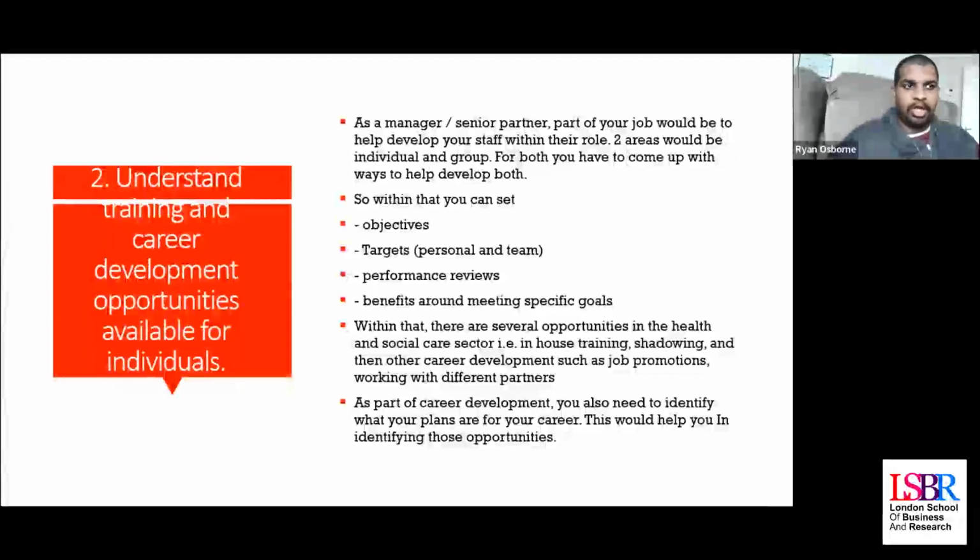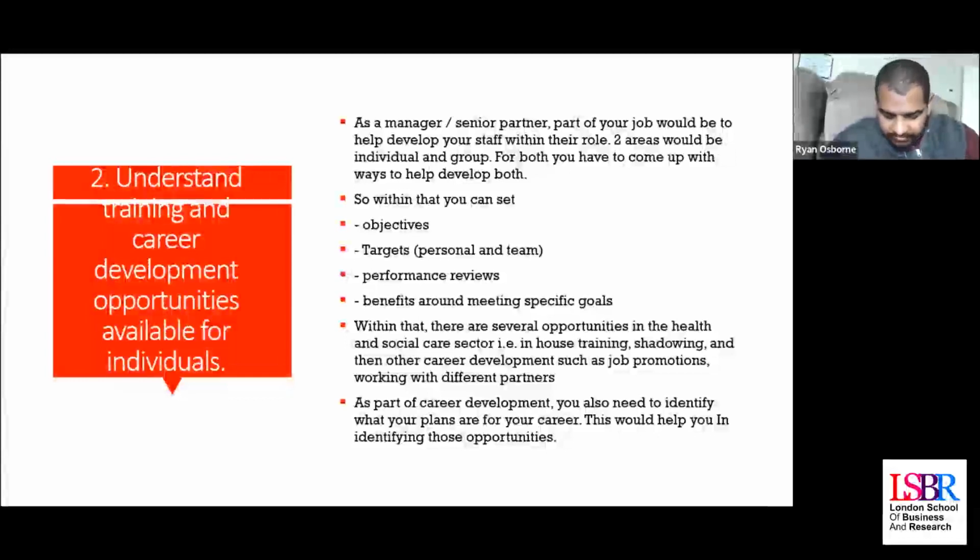Do you want to work in a local authority, or do you want to work in different authorities in different cities and different countries? What would you like to do within that particular industry? So if the manager knows, then he can help look for opportunities that will develop your career.